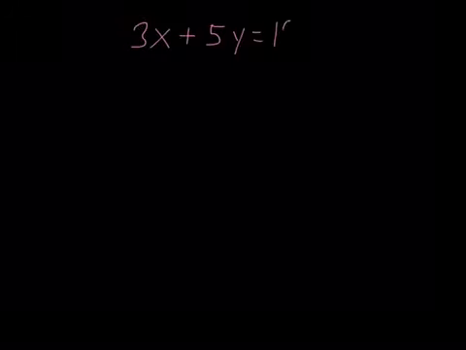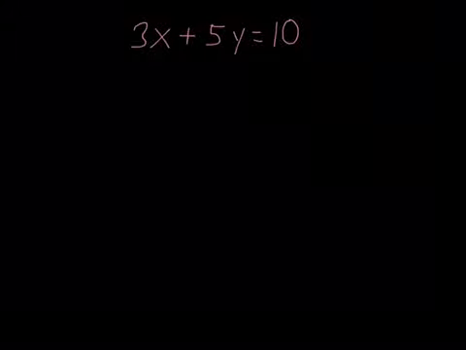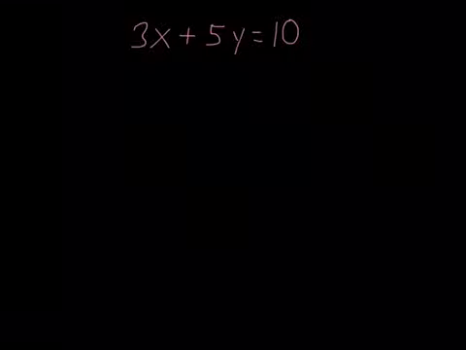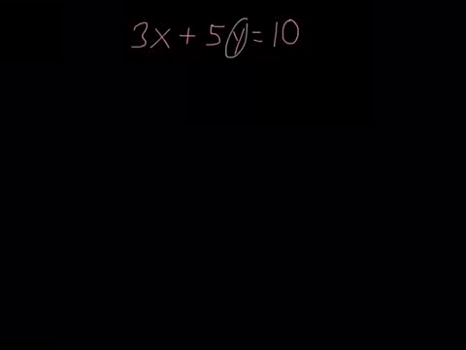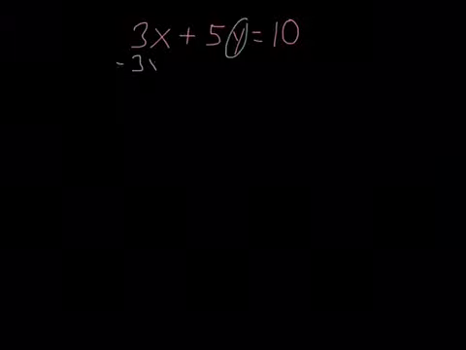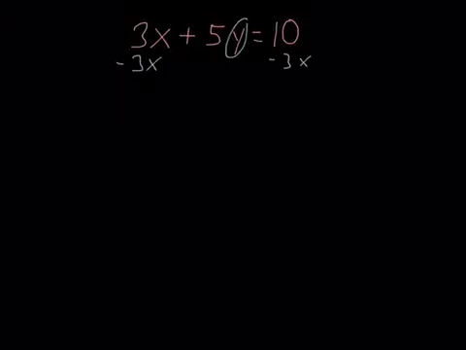Let's try another one. This time we're looking at an equation in standard form. I'd like to write this in slope-intercept form and then graph the line. So to write in slope-intercept form, we're going to need to solve for y, get y by itself. We can start by subtracting 3x from both sides.